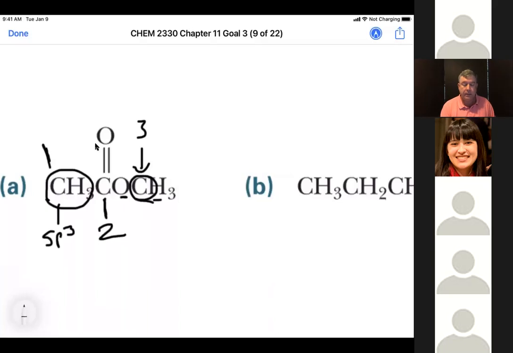So what I think is that the 1 peak is going to be closest to 0. The 3 peak is going to be next, and then the 2 peak is going to be way up above 160. Do you see how we're picking out unique carbons and then getting their relative position just by what they're attached to?